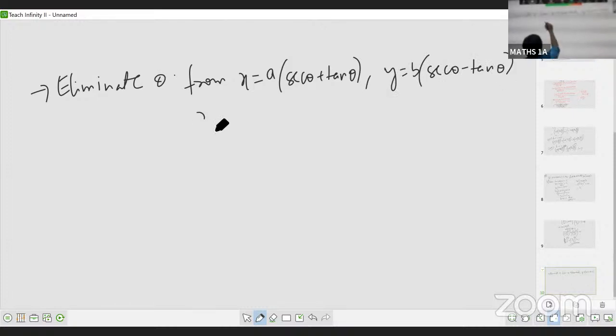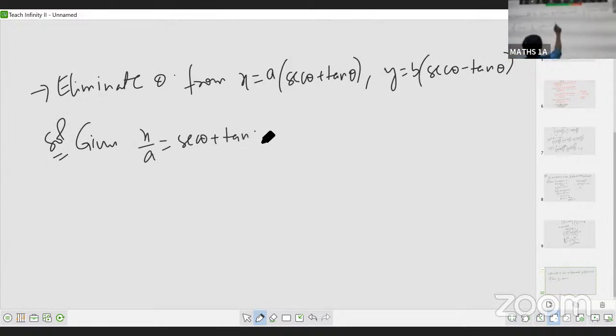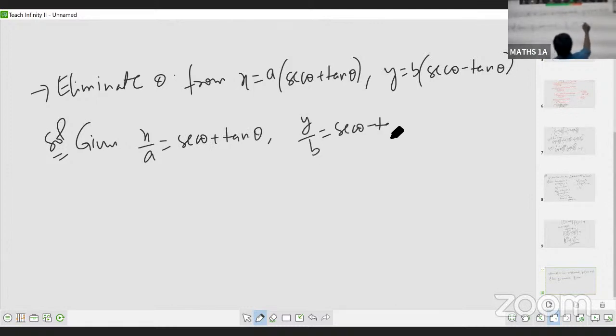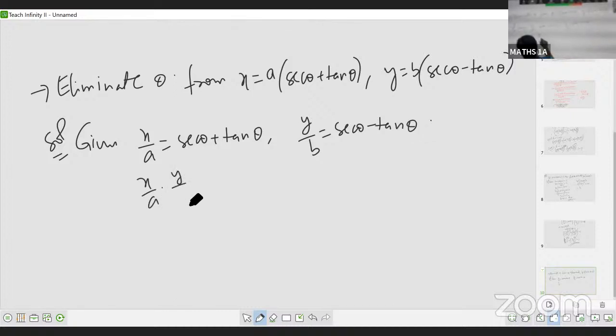Here also, first what he has given: x by a equal to secant theta plus tan theta and y by b equal to secant theta minus tan theta. Now I am going to multiply them, x by a into y by b. Is it clear?